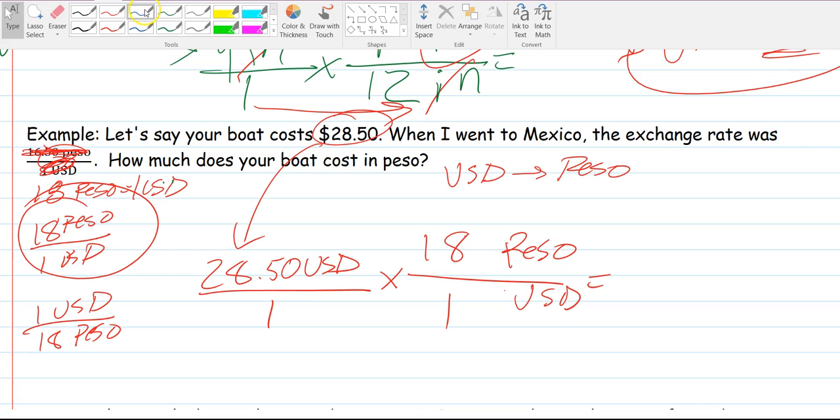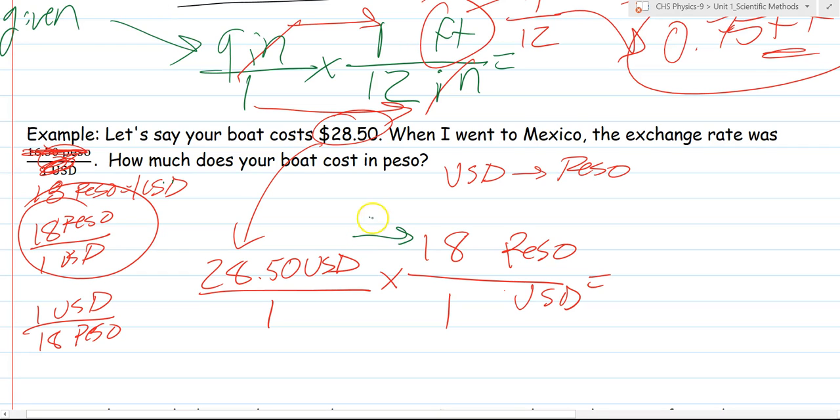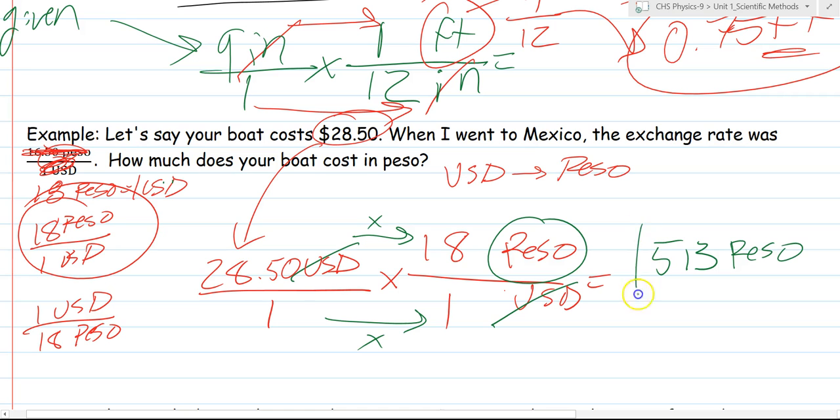And then we multiply straight across the top and the bottom. So I end up with 28.5 times 18, which is 513, and 1 times 1 is 1. I could put that over 1, but I don't need to. I've got US dollars on the top and the bottom, and I'm left with pesos, so I know that I did my answer correctly. There you go.